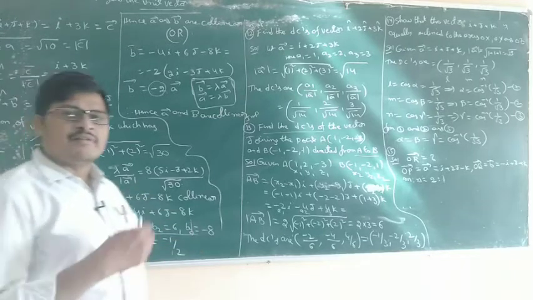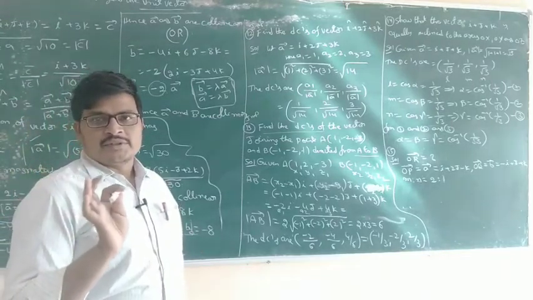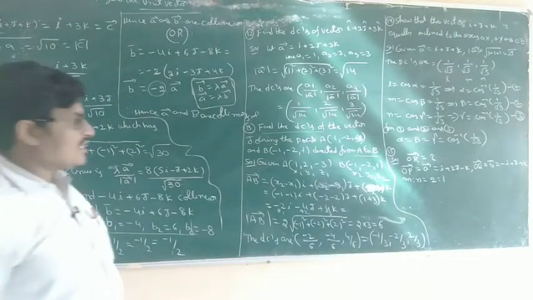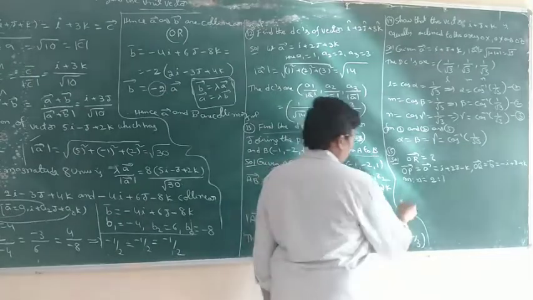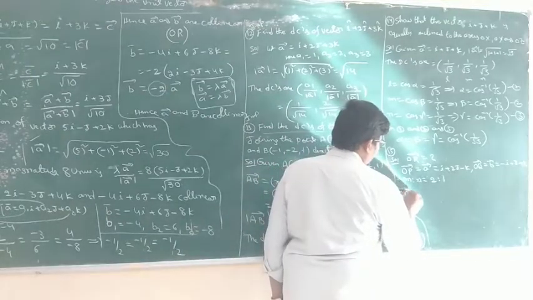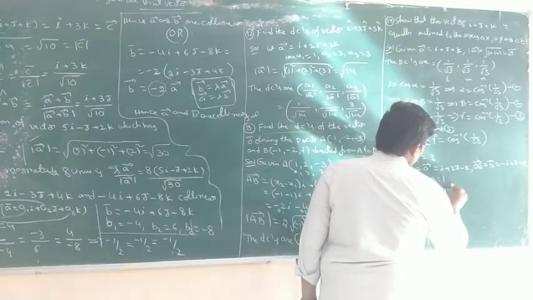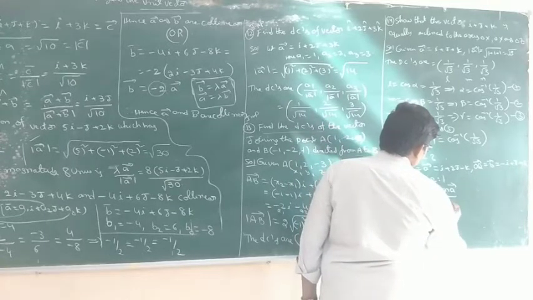So neither is mentioned, which means internally. What is the internal formula? OR bar is equal to (m B bar plus n A bar) by (m plus n).